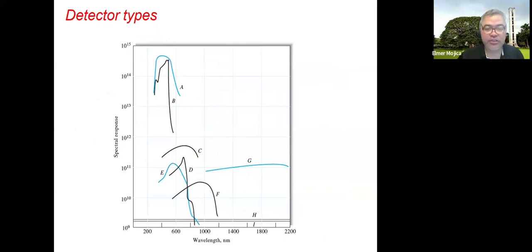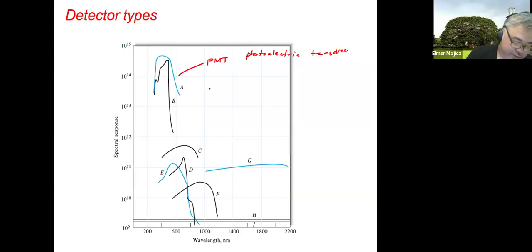Now, if we're going to look at the different detector types, this figure shows us the relative response of the various photoelectric transducers. So A that you have here is a photomultiplier, PMT. Letter B here is a cadmium selenide photoconductivity cell.